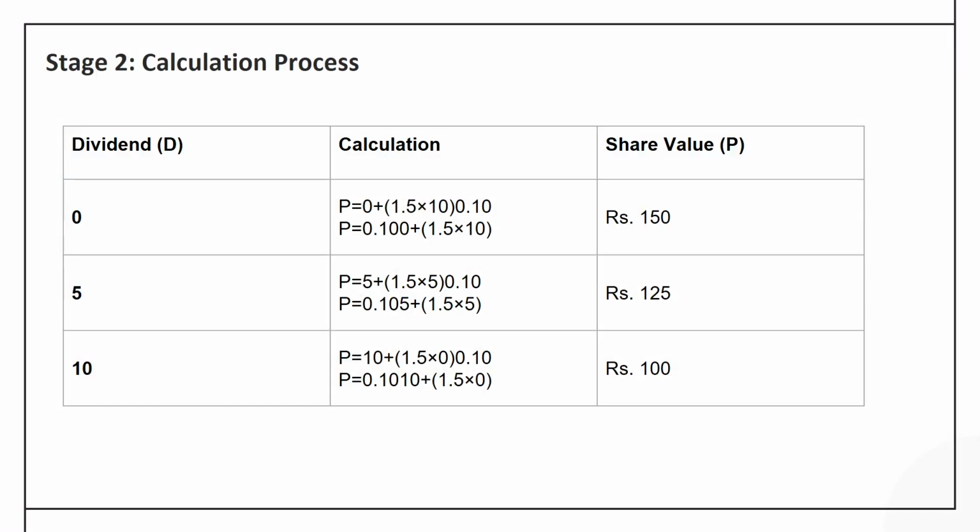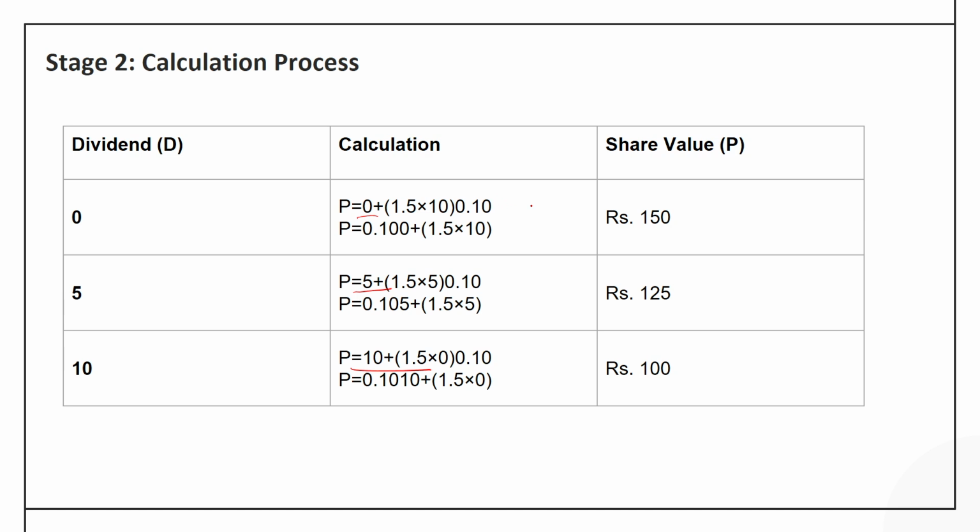So, here we show how the calculation has taken place for the growth firm in three different dividend payout scenarios, when it is 0, when it is 5, and when it is 10.